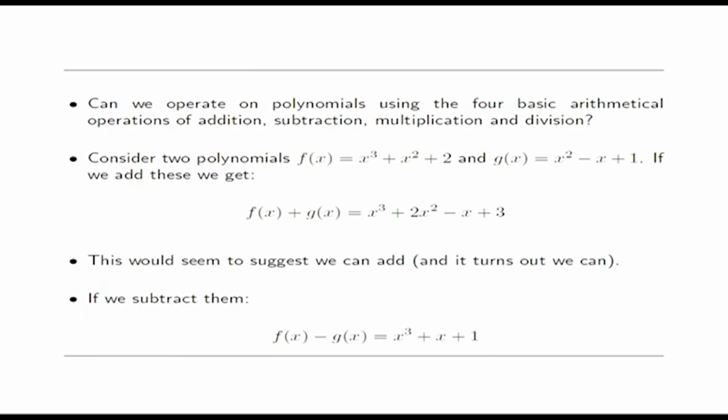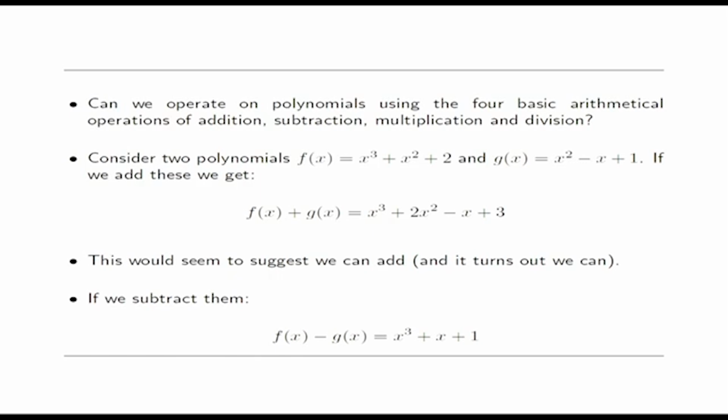Okay. Now, let us talk about ordinary polynomial addition. So, if we have two polynomials, say f(x) and g(x), and their degrees are different. This is the ordinary polynomial addition.